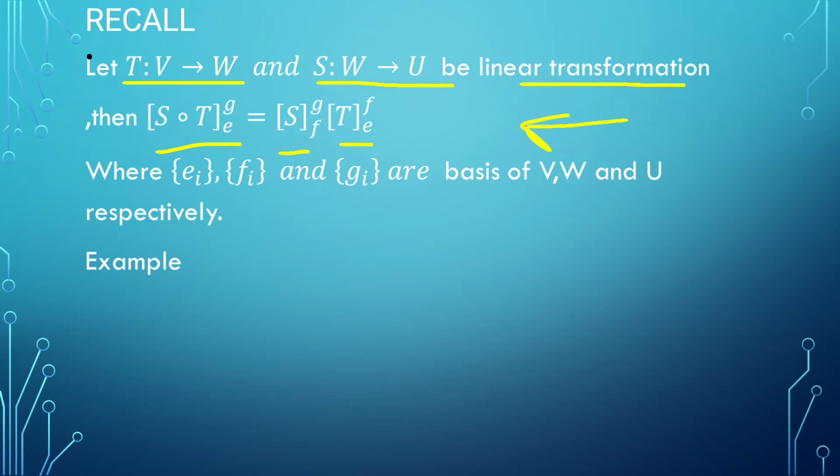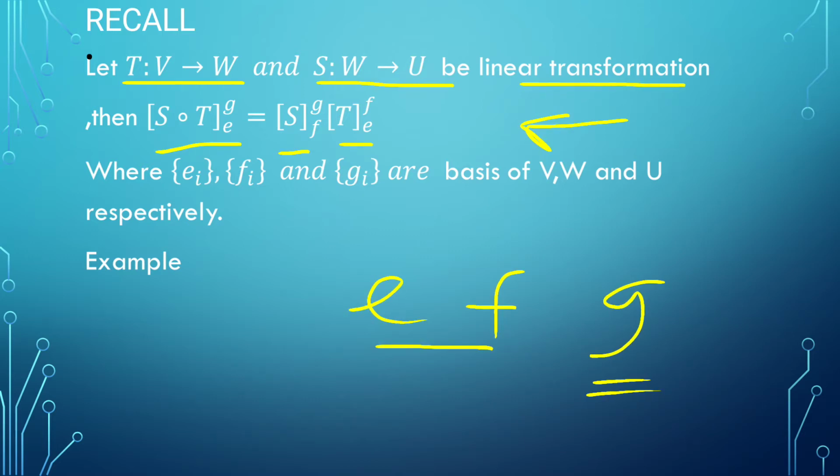So we have E, F, G, and we want to go to G. The first part, T, will move E to F, and then F to G. Remember the common basis in this case: for V it is E, for W it is F, and for U it is G.